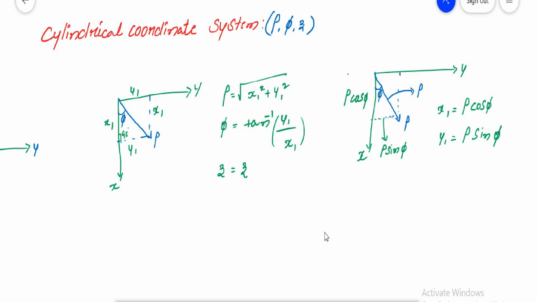From this, rho is equal to the root of rho square cos square phi plus rho square sin square phi, and ultimately you get rho is equal to rho. So x1 is equal to rho cos phi, y1 is equal to rho sin phi, and z is equal to z only. This is how to get the cylindrical coordinates in terms of rectangular coordinates and the rectangular coordinates in terms of cylindrical coordinates.